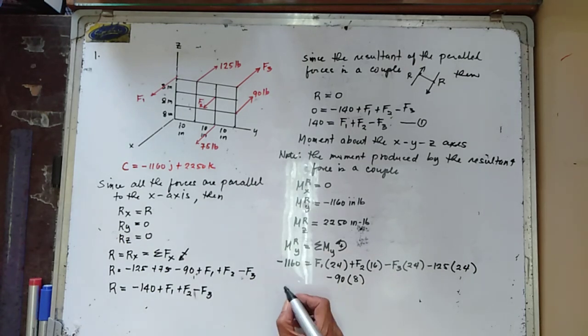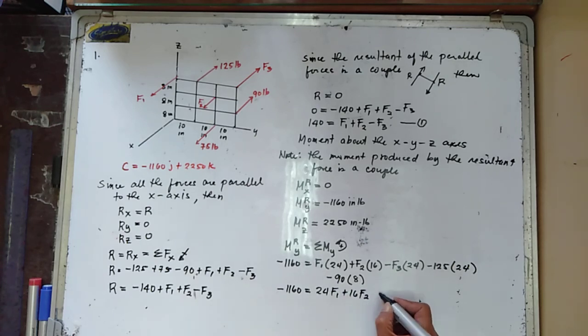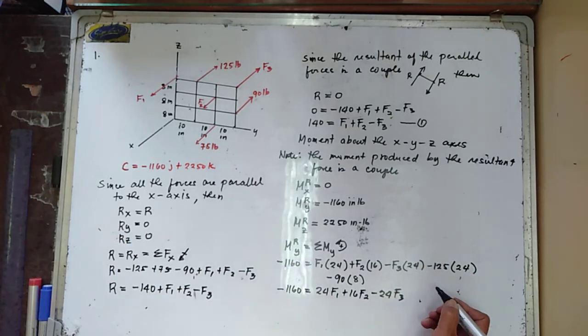So we have minus 1160 is now equal to 24F1 plus 16F2 minus 24F3. And then the algebraic sum of these two terms in here is now equal to negative 3720.